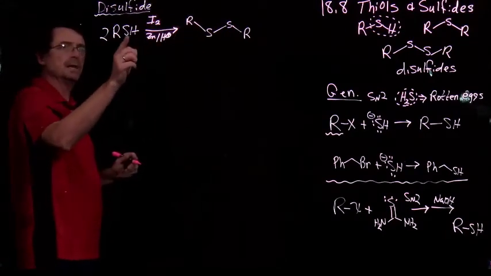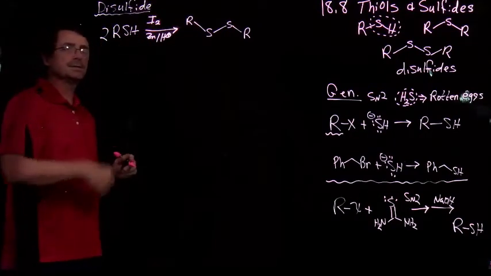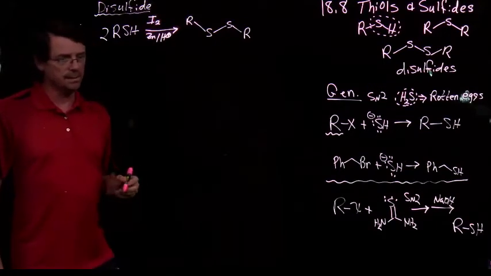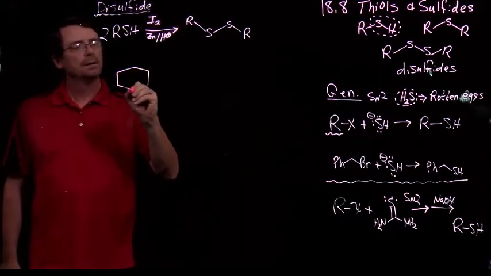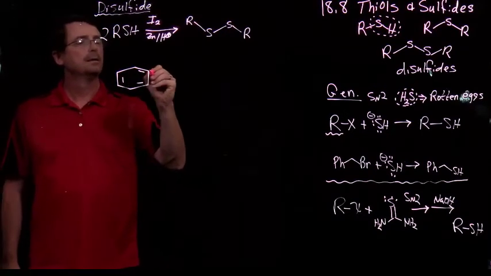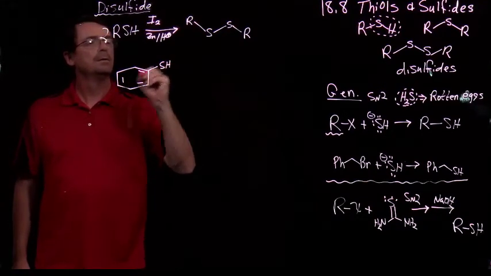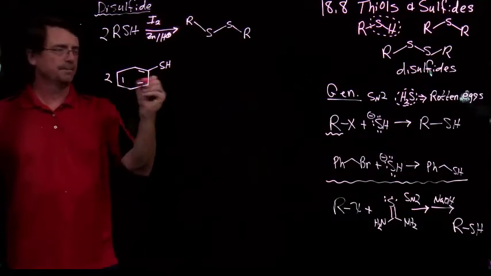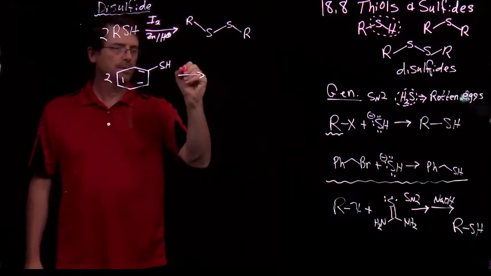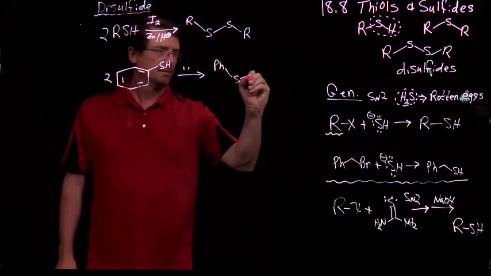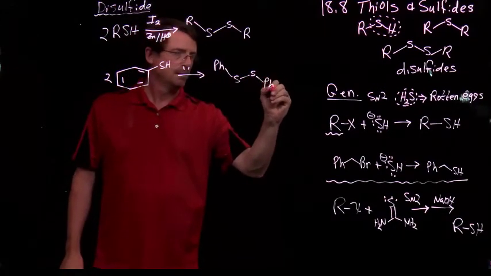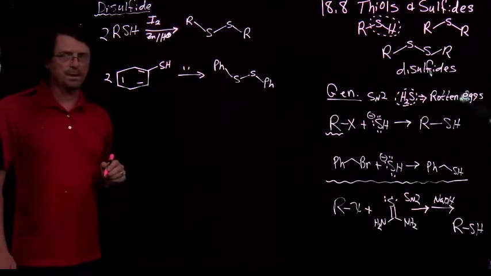Okay, we lose that, so we're removing hydrogen, so that's an oxidation process. So, simple case here, we can take benzene thiol under those standard conditions, and we produce that product.